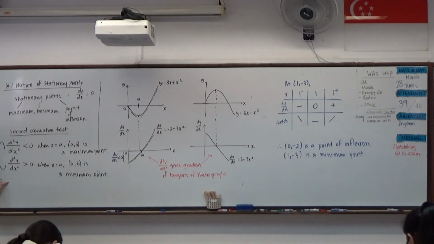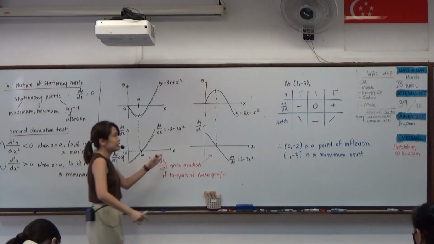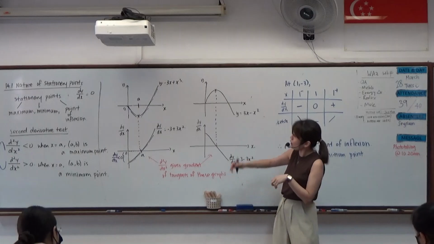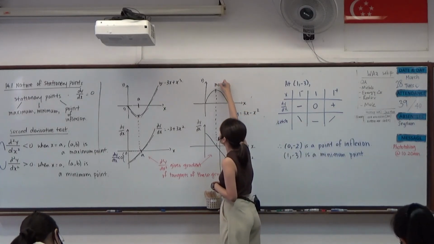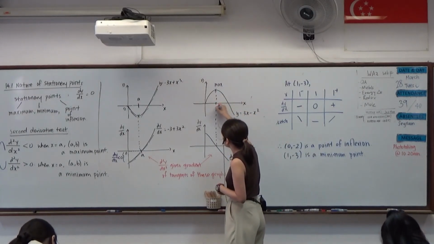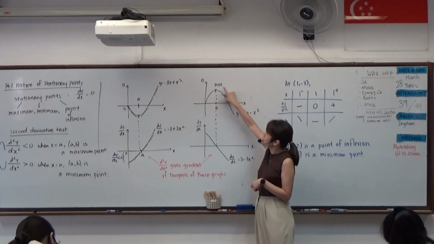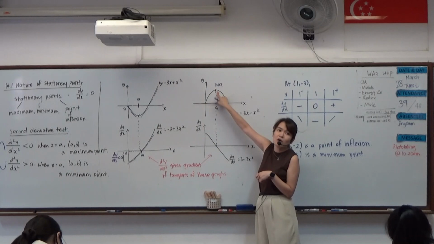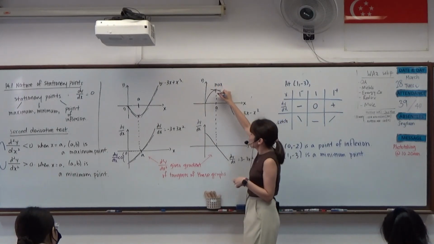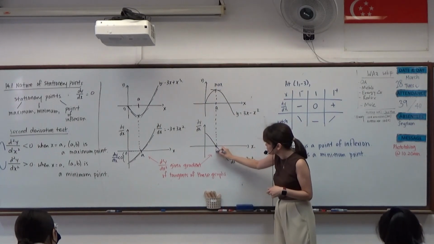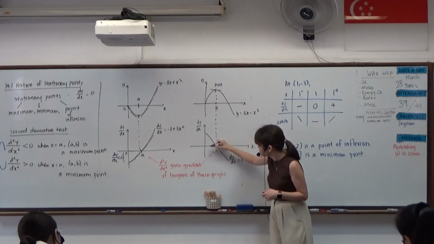Questions? Okay. Similarly, when it comes to a maximum point, which is what we have in this case, at a particular point A where it is actually maximum, again we know that your dy over dx value over here will be 0.